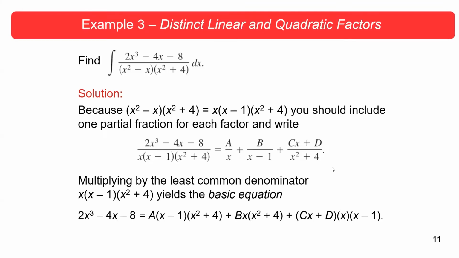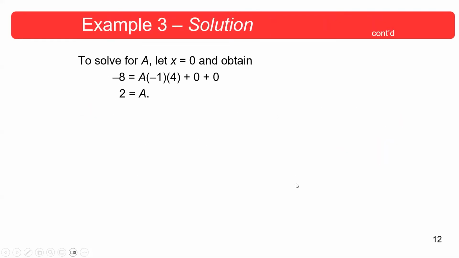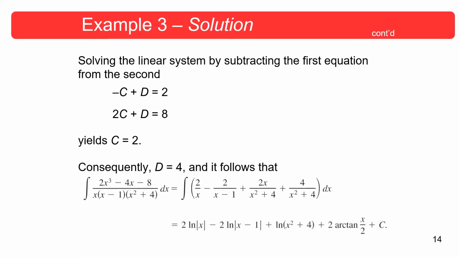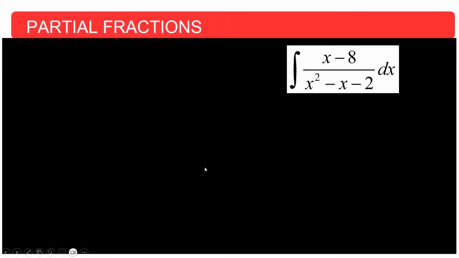Sometimes some might write it like this, over x squared plus 4, because some people do C times the derivative of the denominator plus D. So if the denominator is x squared plus 4, that's going to be 2x plus 0. So nakalagay na doon. I'll show you later why. And then basically solve again. So I'll just give you some examples and let's just solve.